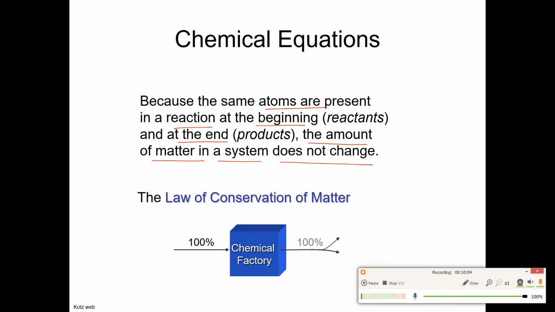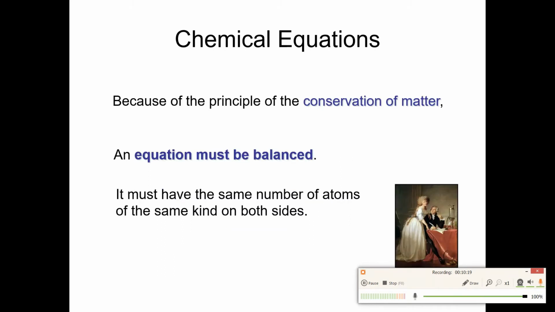But it may be possible that 80% or 20% or like that, the distribution of the atoms in the products may happen. But that does not mean that the law of conservation of matter is not followed. Chemical equations every time follow the principle of conservation of matter.